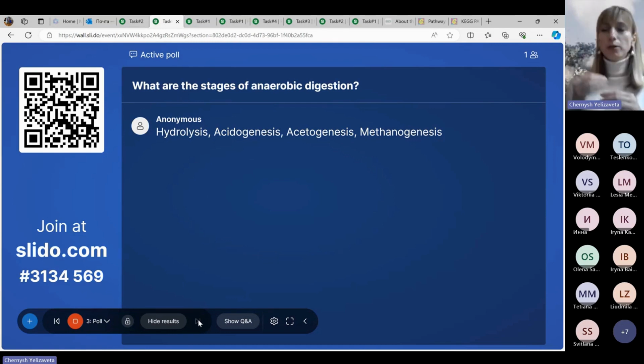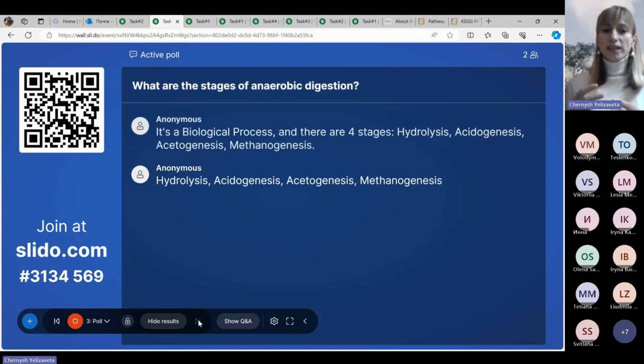They work step by step, using these processes, because it's very important that the metabolic activity of each group is in a different trophic connection. Okay. We identified the stages of anaerobic digestion. Thank you.